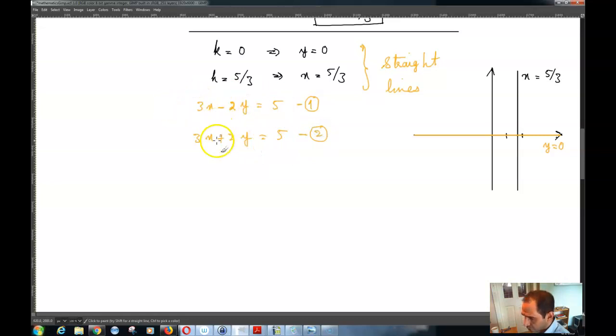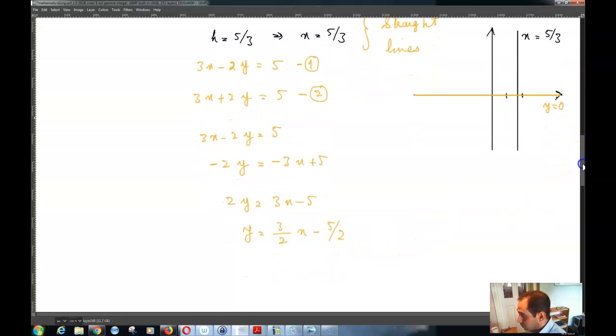Now if I draw this line, 3x minus 2y is equal to 5, then negative 2y is equal to negative 3x plus 5, so 2y is equal to 3x minus 5, and y is equal to 3/2 x minus 5/2.